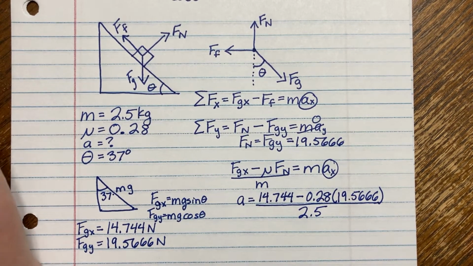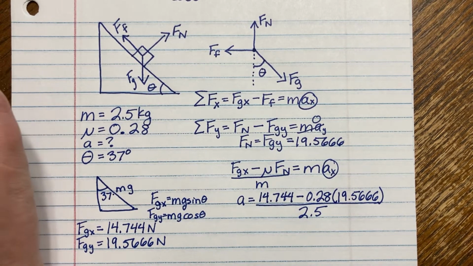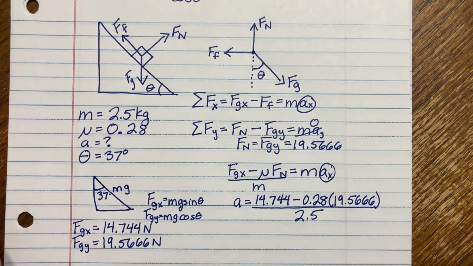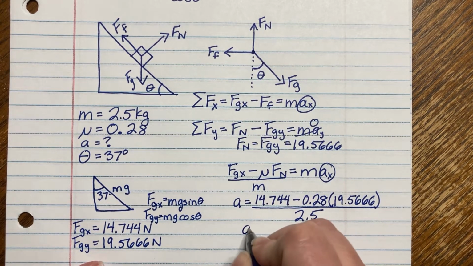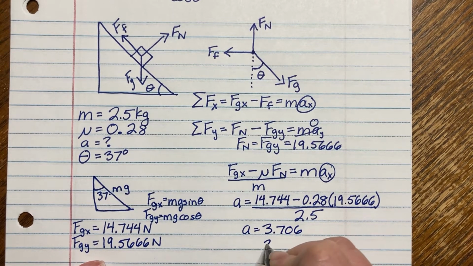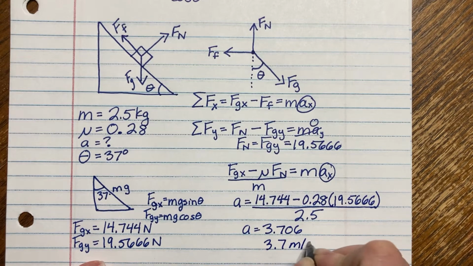So I'm going to type that in, and I get 3.706, so 3.7 meters per second squared.